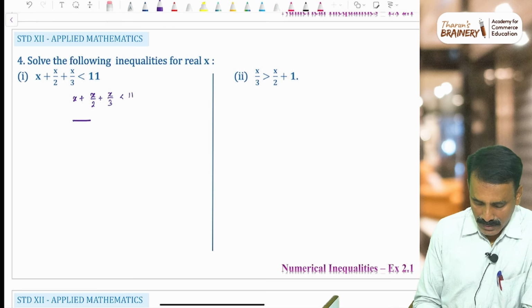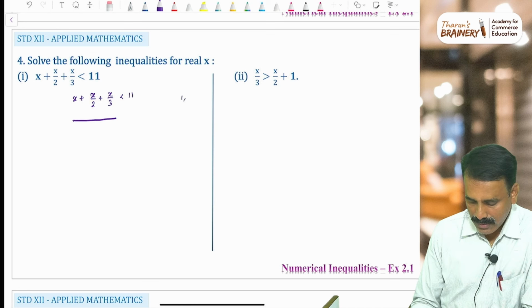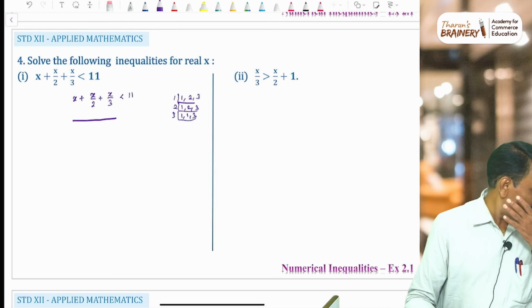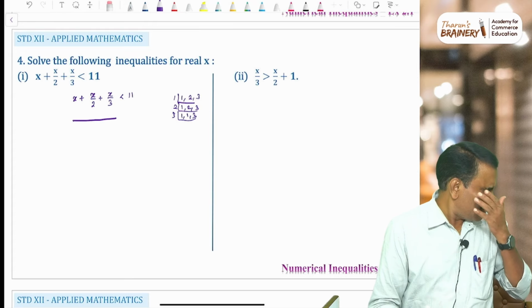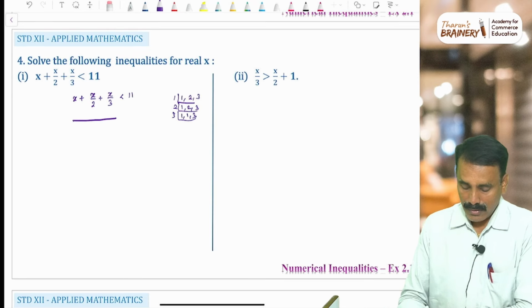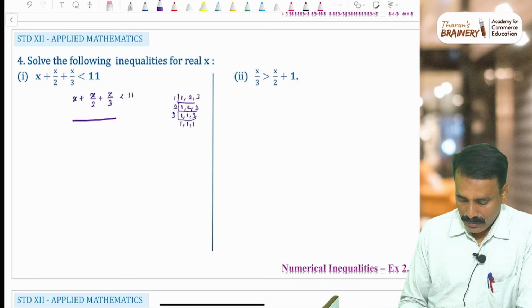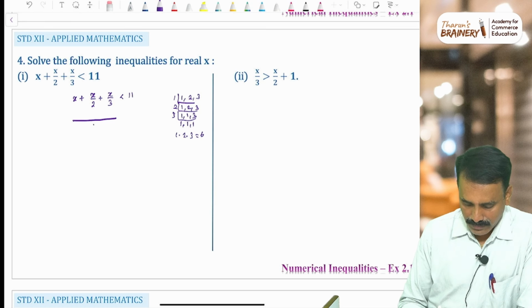LCM for 1, 2 and 3 is going to be 1 into 2 into 3, that is equal to 6. So, this is 6. We have 1 in the denominator.